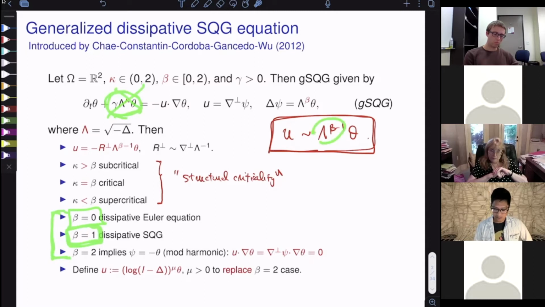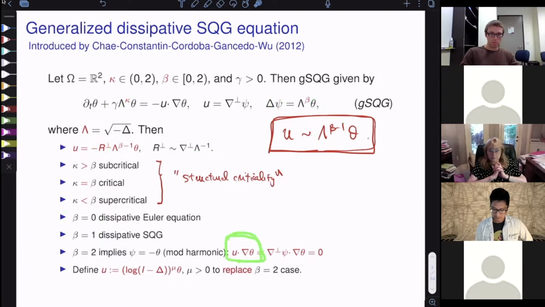And we see here that u is just the Riesz perpendicular of theta. And so u and theta are essentially at the same regularity level. And in that case, we have a quasi-linear equation. And then there's an endpoint beta equals 2, which is essentially degenerate because psi, the stream function, is essentially theta, and then the advective term vanishes identically.